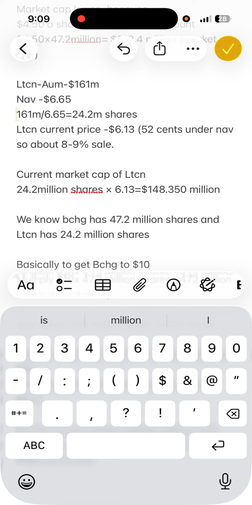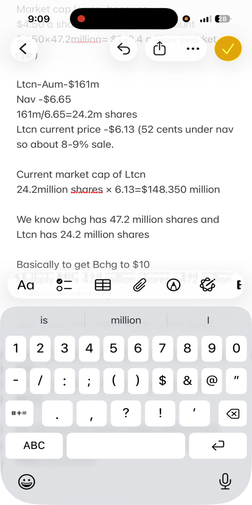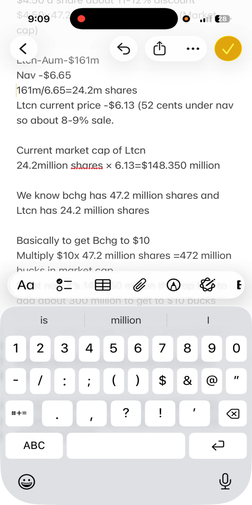And just compare it to the 161. All you need to do is divide 148.350 by 161, and you should get a percentage. I believe that percentage is around 8 or 9% cheaper than the NAV prices.